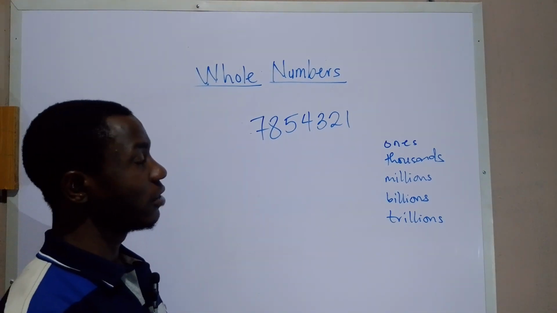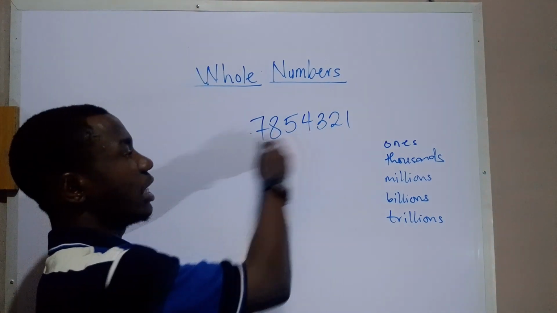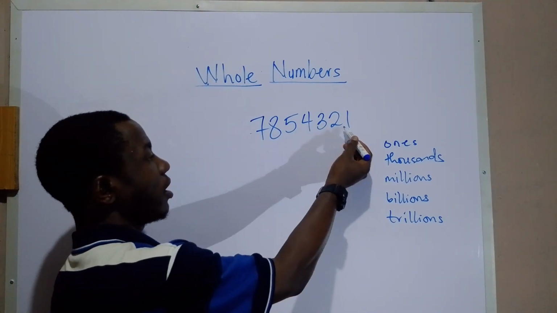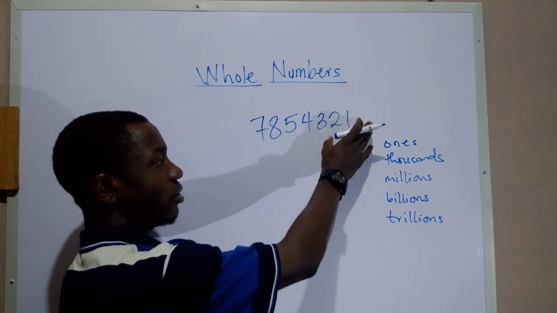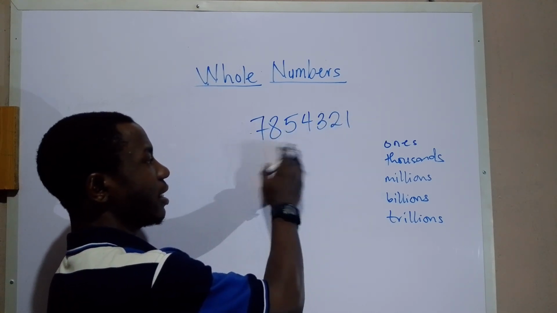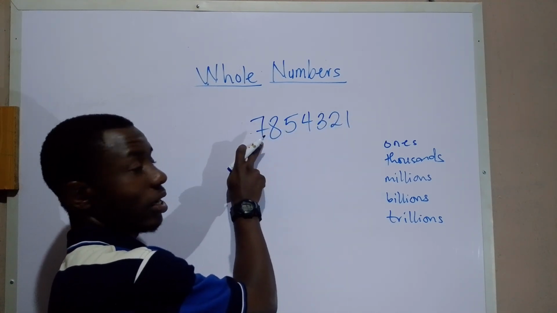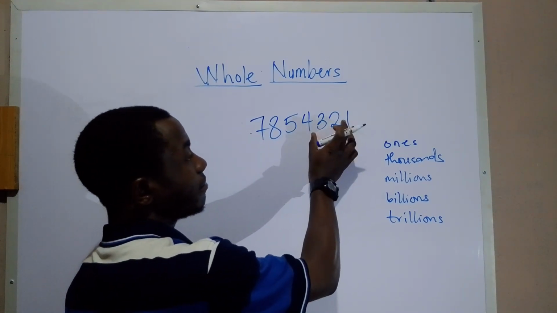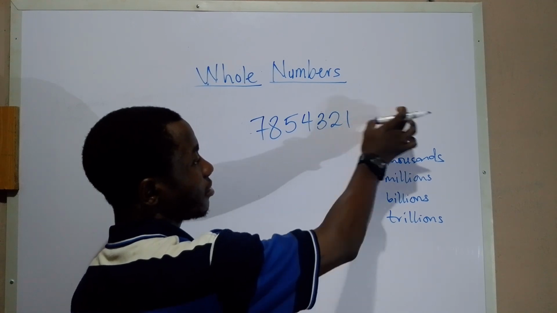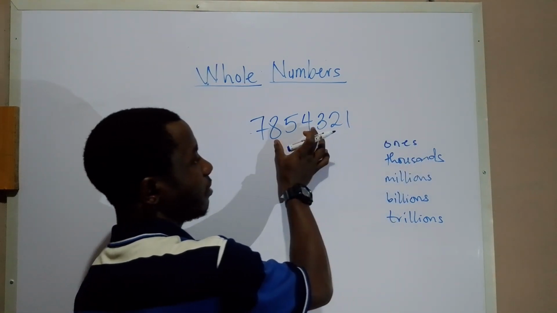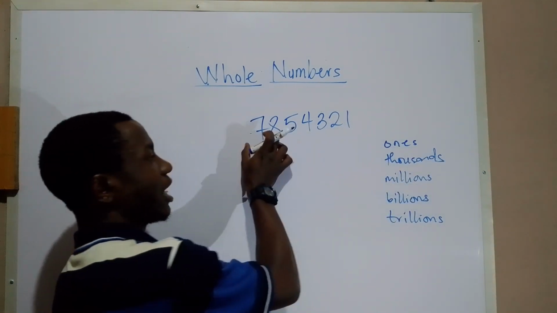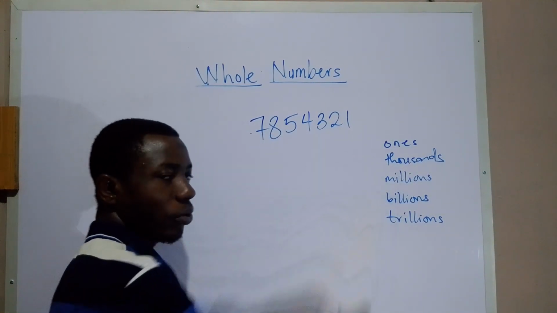These periods go from right to left in any given number. So we have 1, 2, 3. This is a period. 1, 2, 3 is another period, and this is one digit in the next period. Then this period stands for ones period, the second period is the thousands period, and if you have other periods, you just keep going like that.